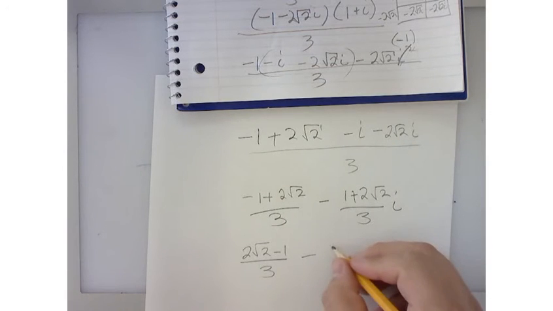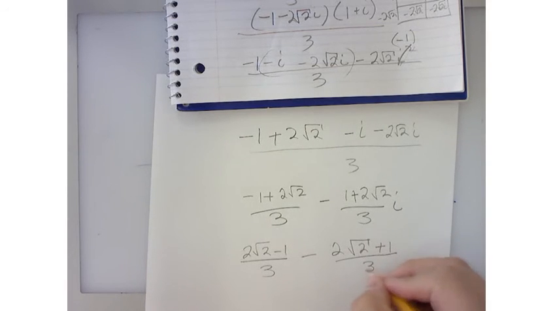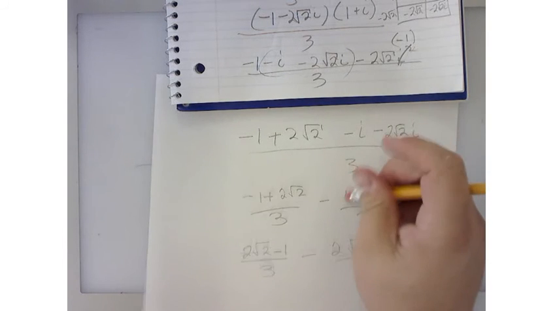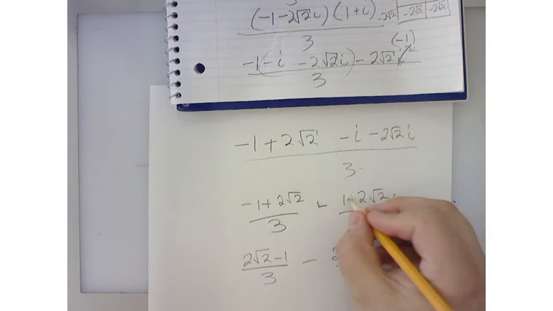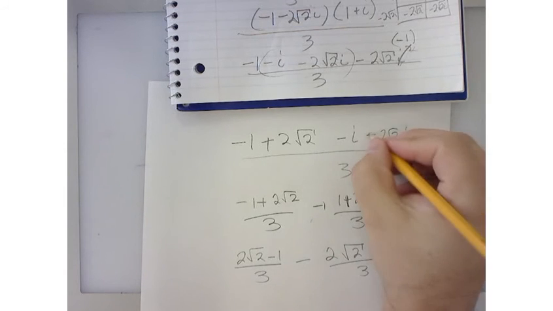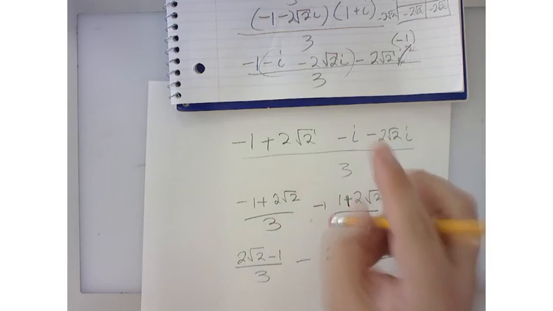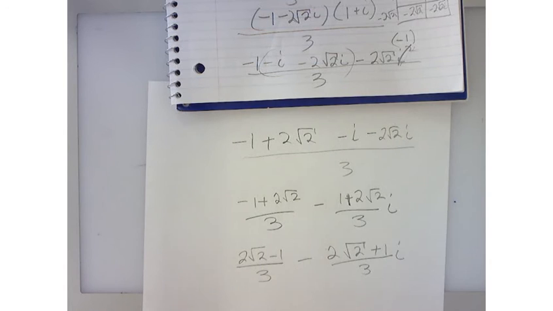Because they have it written as 2 root 2 plus 1 i. Well, if I think of this as a minus 1, why is that backwards? If I pull the negative out, it would be positive. Oh, that's why. That's right, when I pull the negative out.